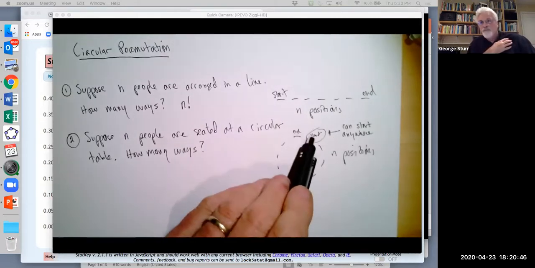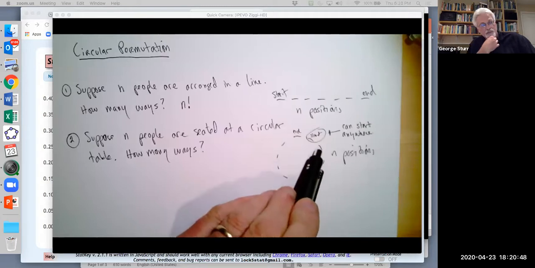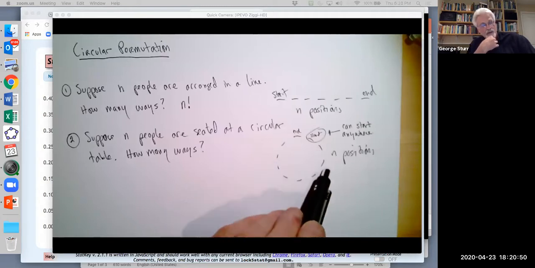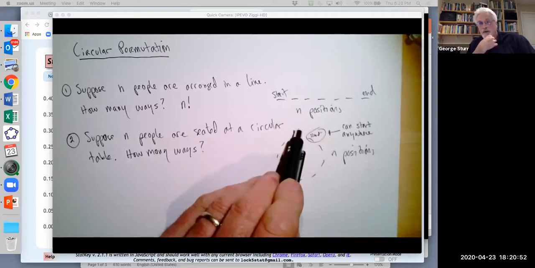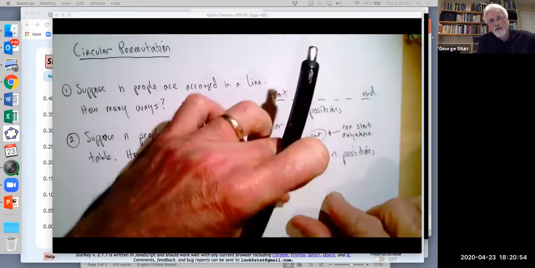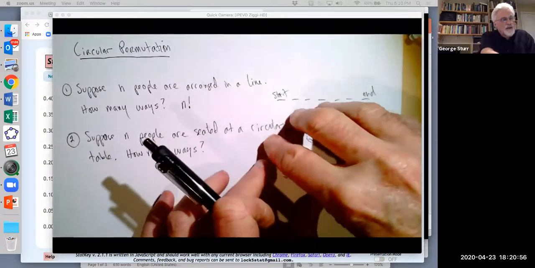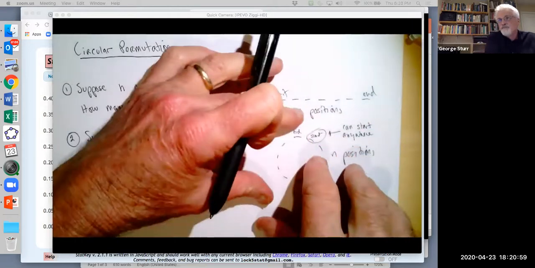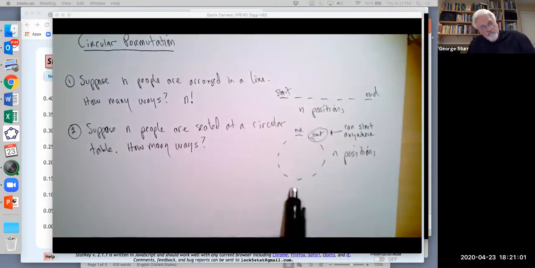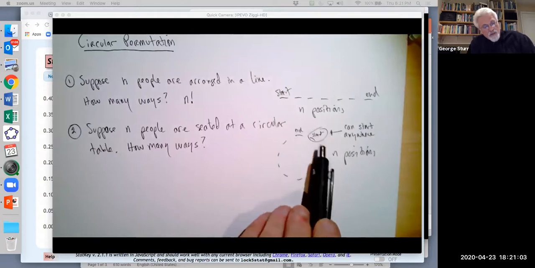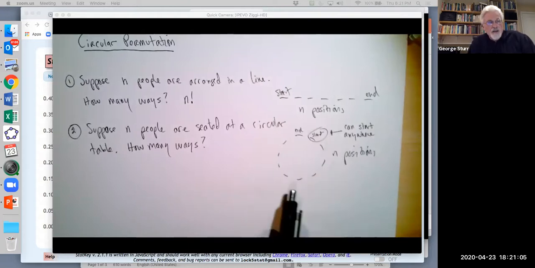Okay, he's sitting there. And then next to Sammy will be James, right? And other people going around. But what if I turned the table and everybody, say, they're all on a rotating dais or something, they can all rotate? Then Sammy would be here and James would be here, but it'd be the same arrangement.